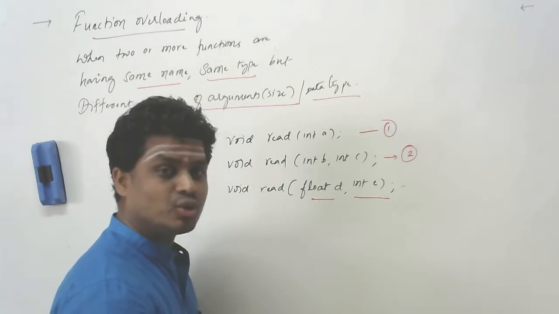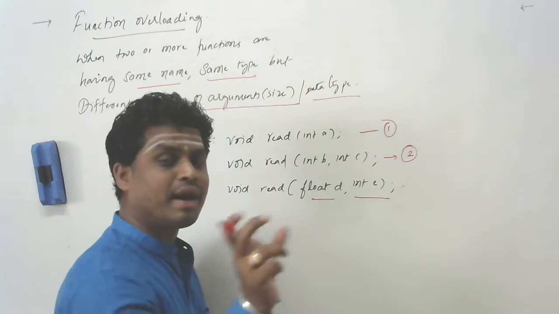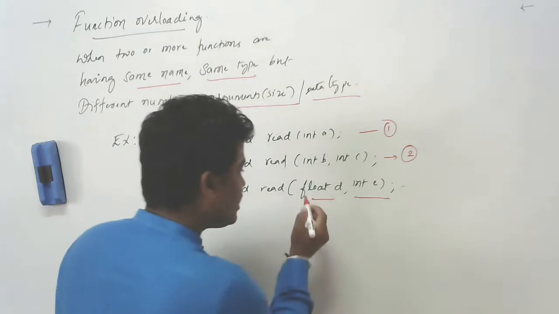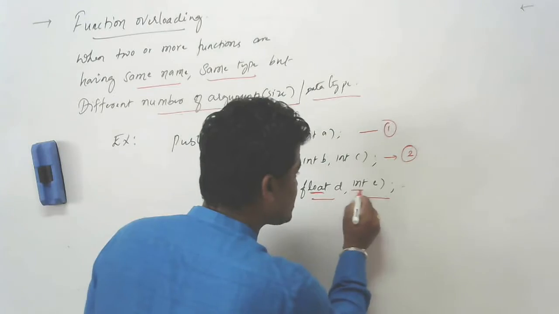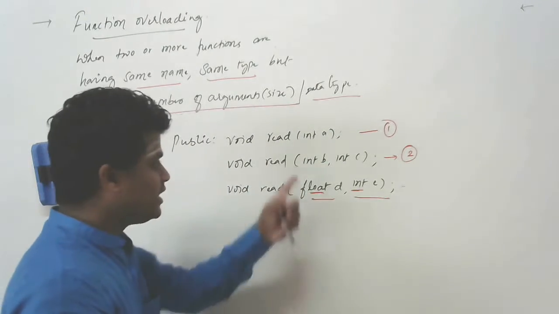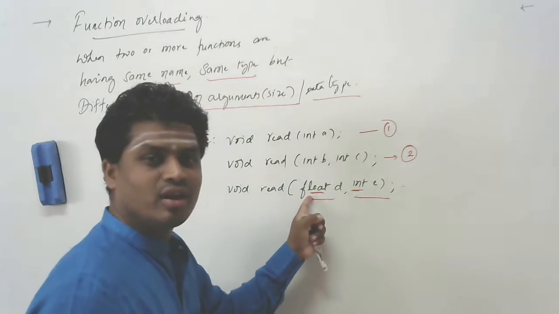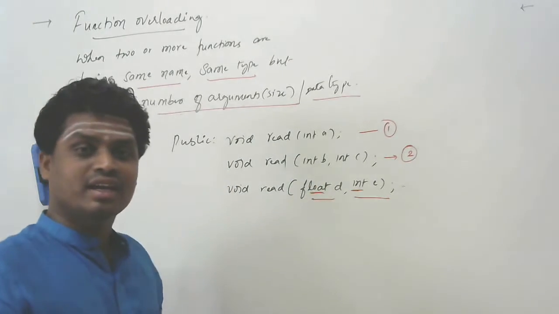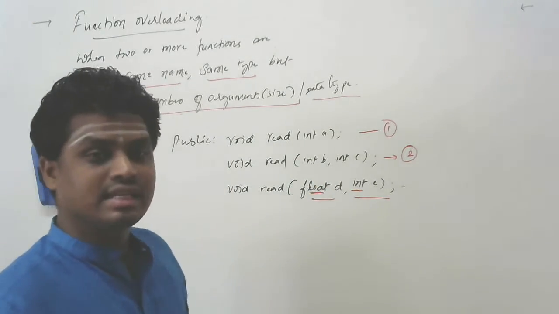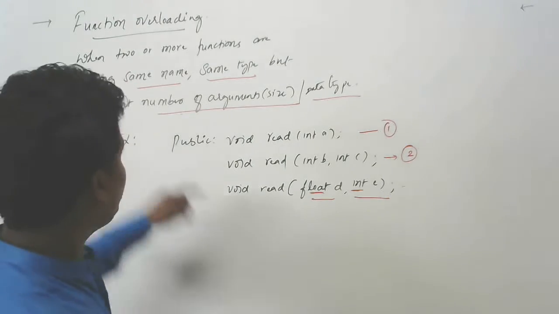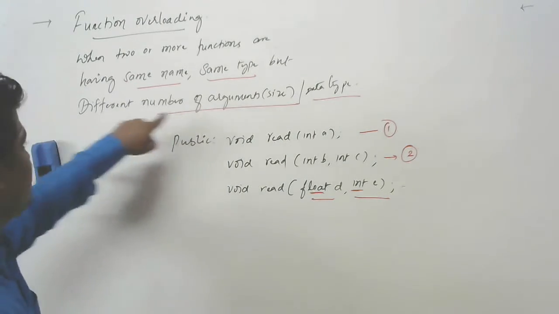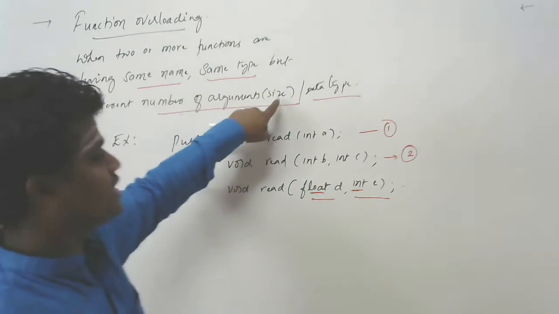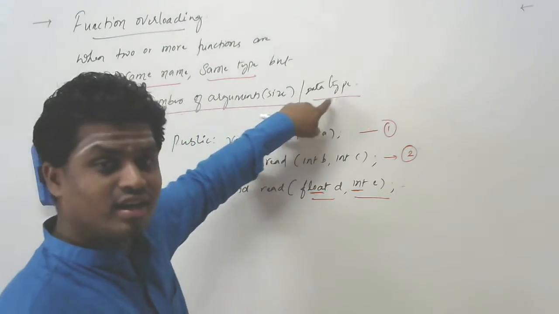But the compiler should not get an ambiguity while passing its value, so the data types of the arguments are supposed to be different. Here I have int, then you have float. If both are int, then the compiler will get confused while passing its value. For that reason, the last point we have written: different number of arguments, that is size or data type.